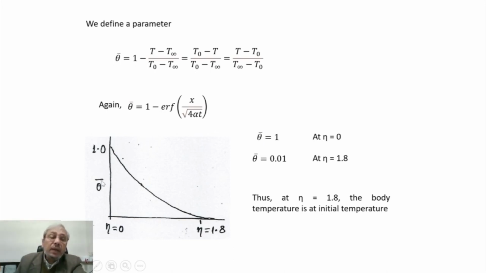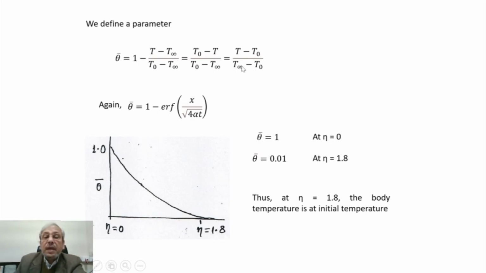And why are we calling it body temperature? Because this is T minus T naught divided by T infinity minus T naught. The original body was at T naught temperature. At the x equal to 0 location, temperature was raised to T infinity.